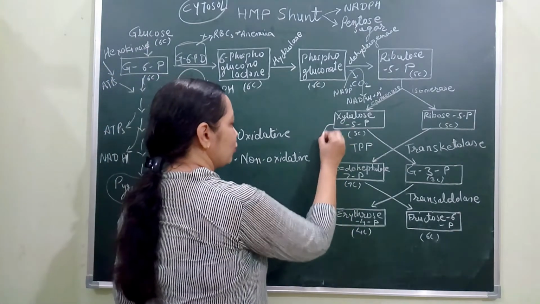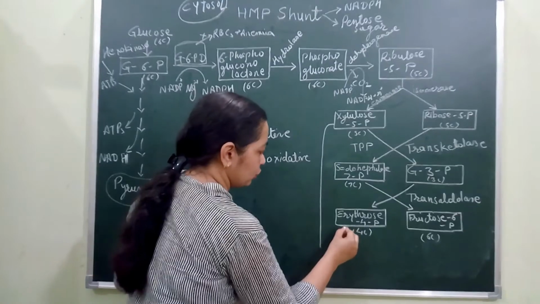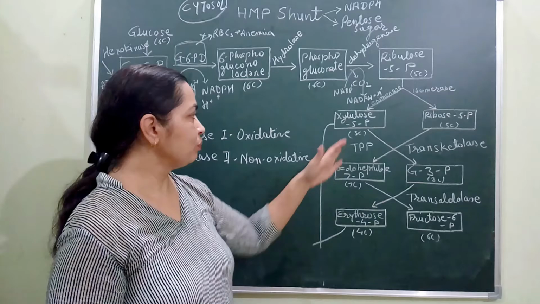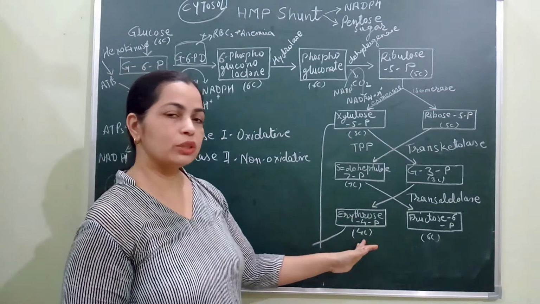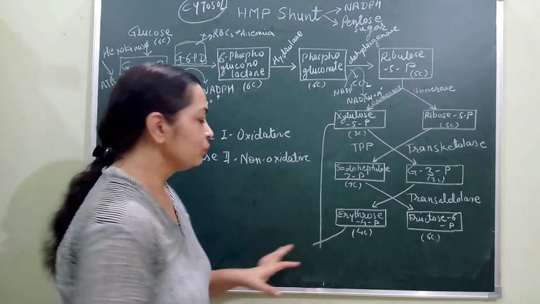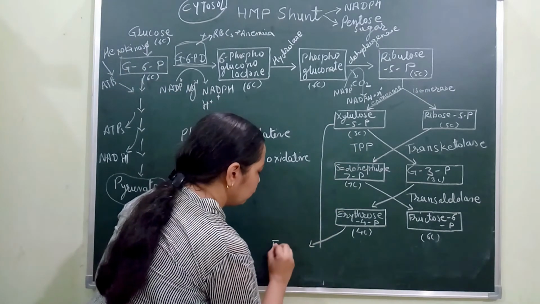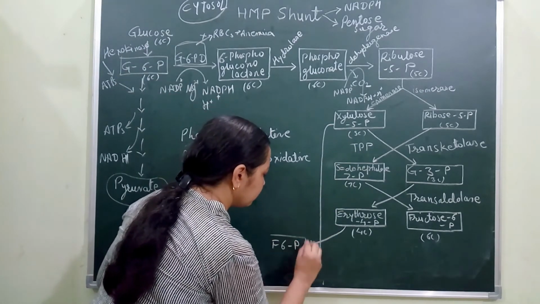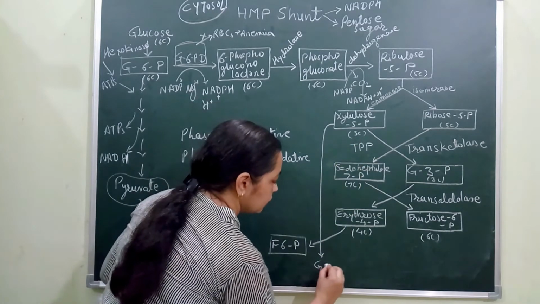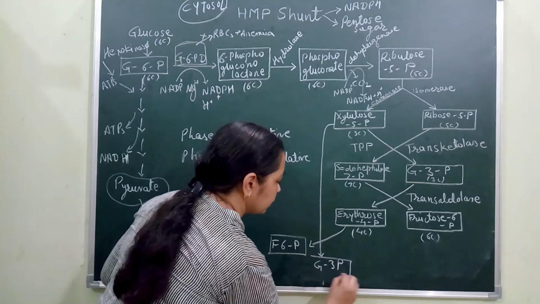This xylulose 5-phosphate and erythrose 4-phosphate interchange the carbon fragments, and this xylulose 5-phosphate gives 3 carbons to erythrose, so it becomes 4 plus 2, 6, and it leads to formation of fructose 6-phosphate and the remaining moiety, that is glyceraldehyde 3-phosphate, the 3-carbon part.